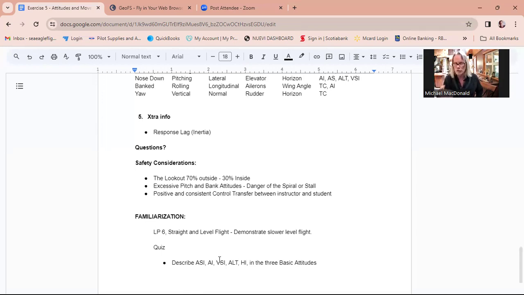Like, for example, the pressure on the controls. The faster you go, the more airflow over the control surfaces, the tighter the control column is going to be in the pedals, okay? The slower you go, the looser the control column in the pedals, okay? And that plays in a lot when you're landing, because when you're landing, you're slowing down. Okay, so you need to get used to those pressures and feelings.